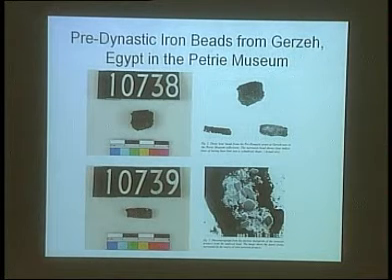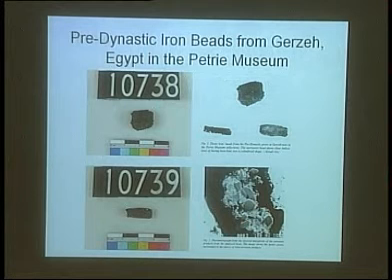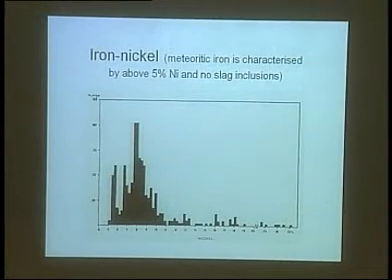We managed to get hold of a few little fragments, and we've checked these. And what's very interesting about these pre-dynastic beads, they're totally anachronistic, but of course they've got nickel in them. Okay? And nickel over about 5% is usually used as a technical feature that characterizes, of course, meteoritic iron. Okay? So those don't have anything to do with this story I'm trying to tell you.